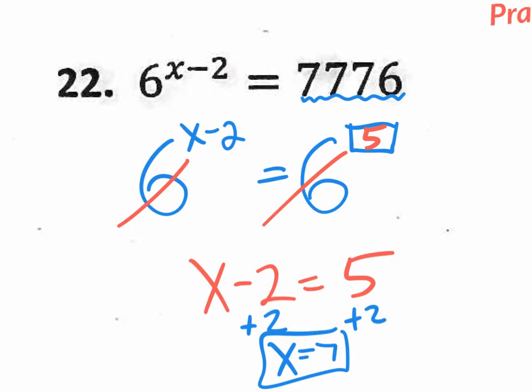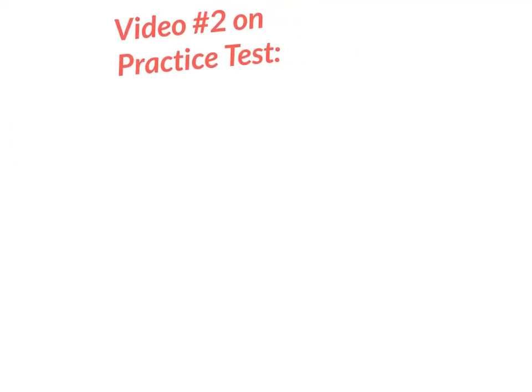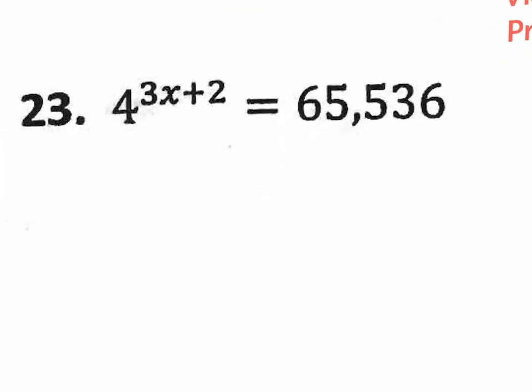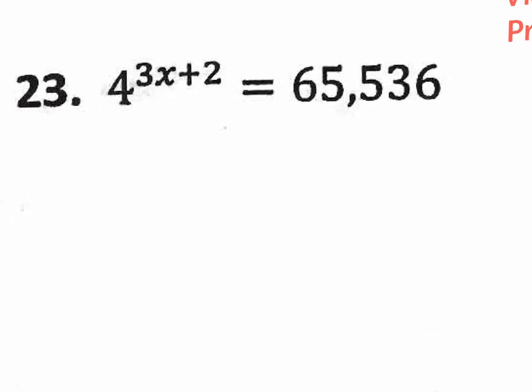Let's try number 23. We don't want 65,000. We want 4 to a certain power that'll give us 65,536. Question is, can you guess to find that number? 4 to the 8th? Does everybody agree? So 4 to the 8th power will actually give us 65,536.